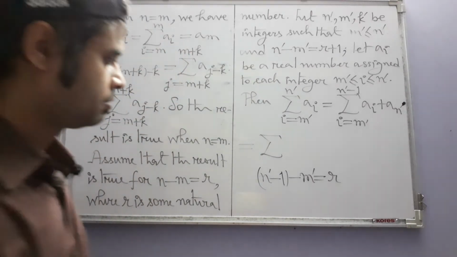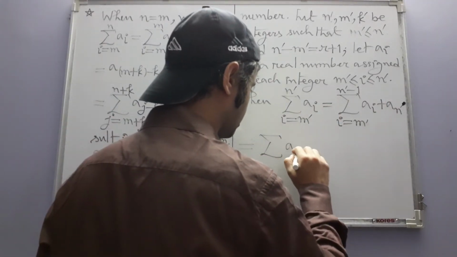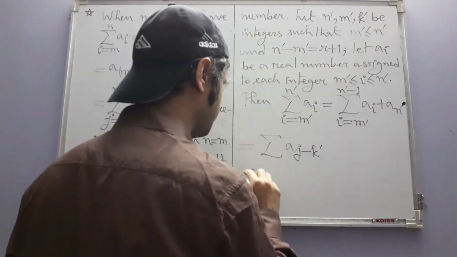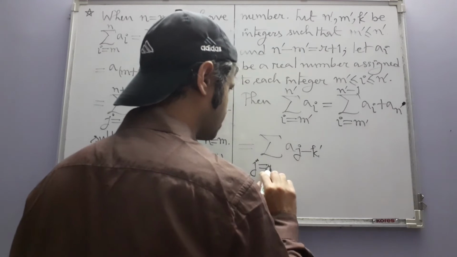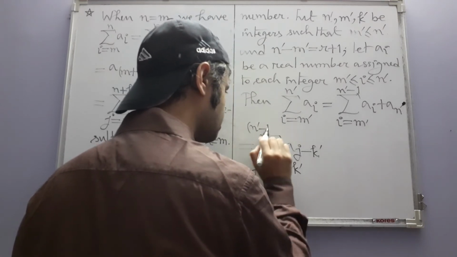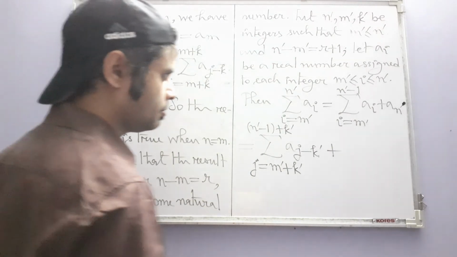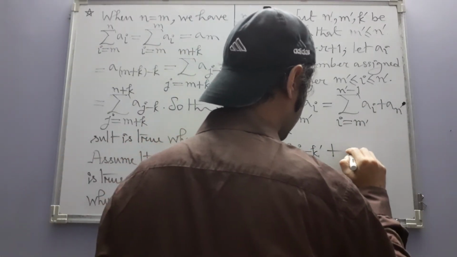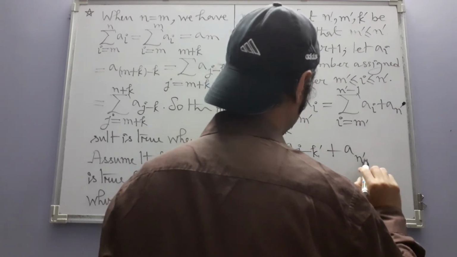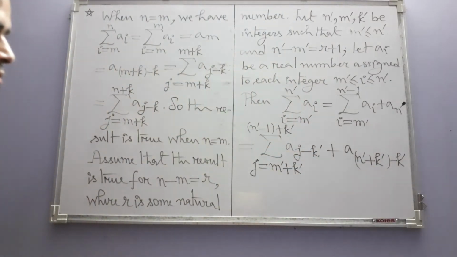So using the induction hypothesis, we can write this series as a j, being somewhat careful this time, we are writing k prime because that's what we have taken, and here j varies from m prime plus k prime to n prime minus 1 plus k prime, okay, plus in place of a n prime we can write a n prime plus k prime minus k prime, okay.